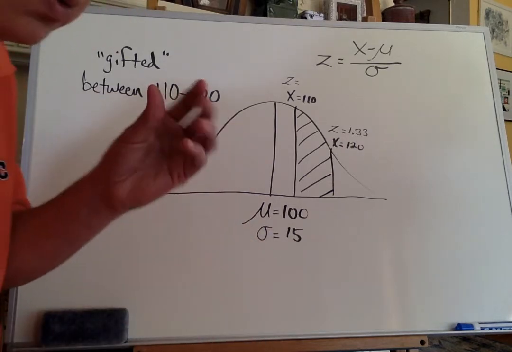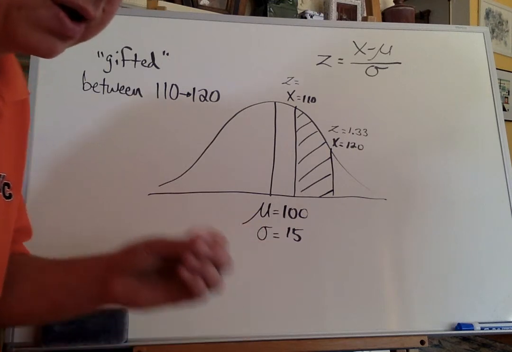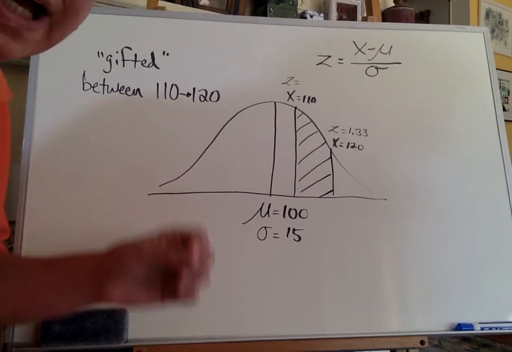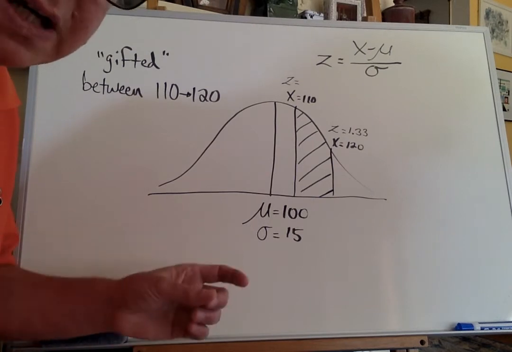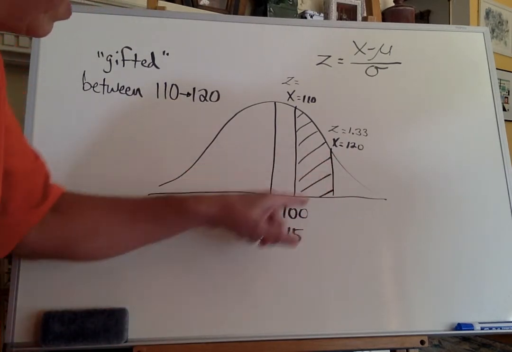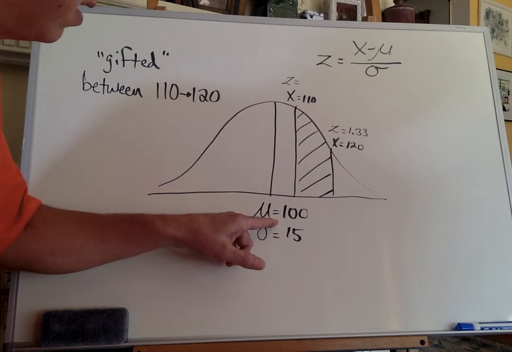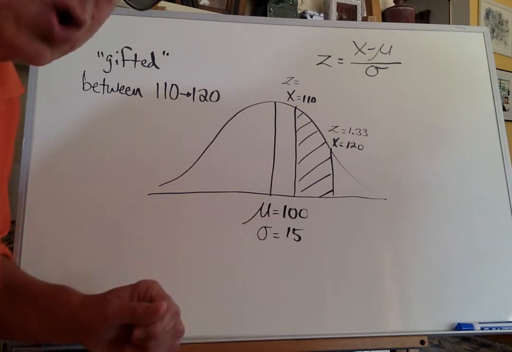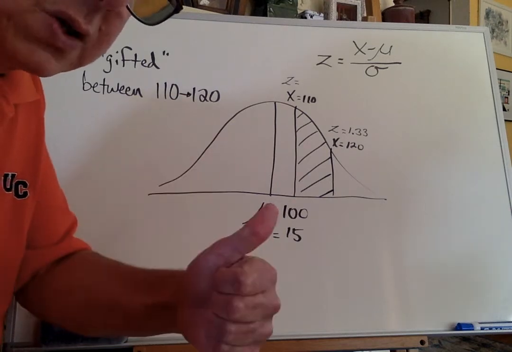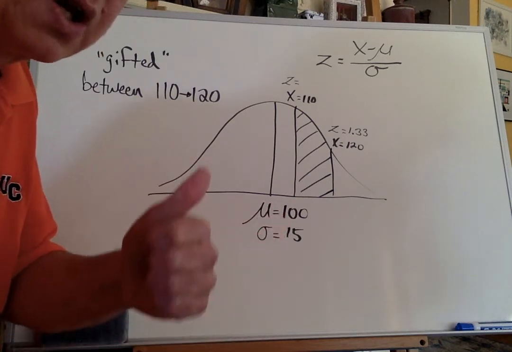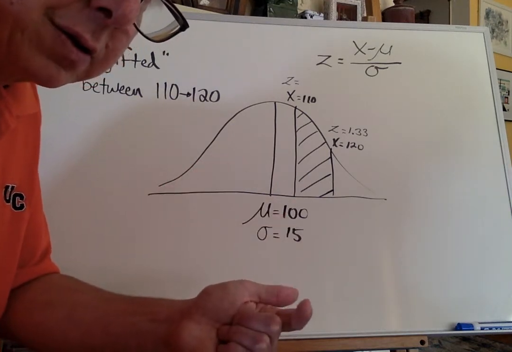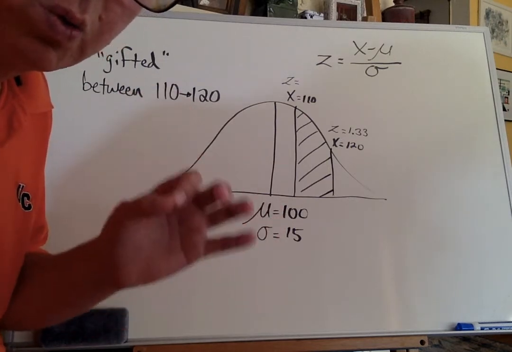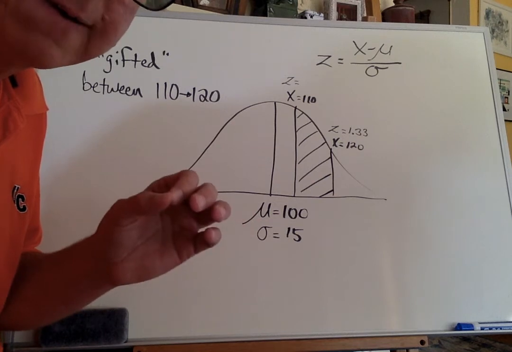Well, we have to remember what z-score means. It tells us how many standard deviations away from the mean we are. Well, 120 is 20 points away from the mean. My standard deviation is 15. If I'm 20 points away from the mean, that means I'm one standard deviation plus a third of a standard deviation. So it's 1.33. That should make sense to you once you think about it, okay?